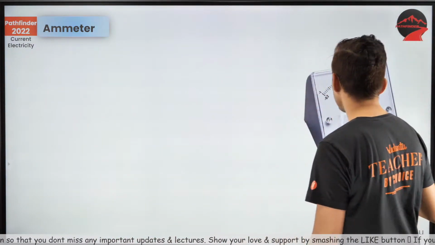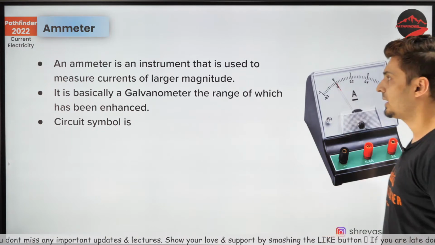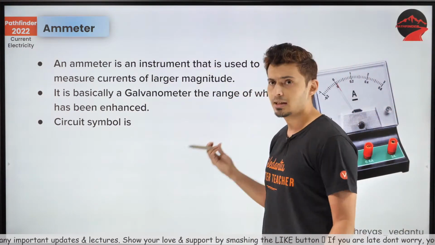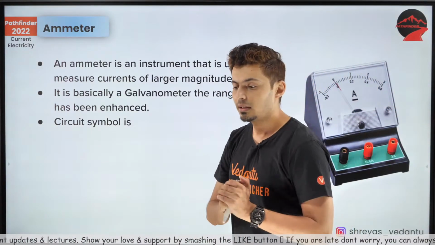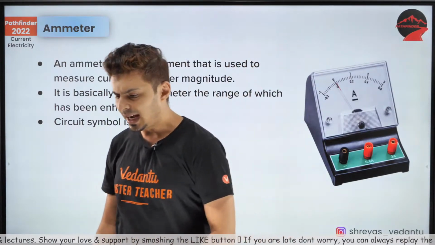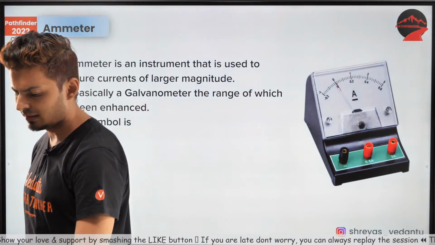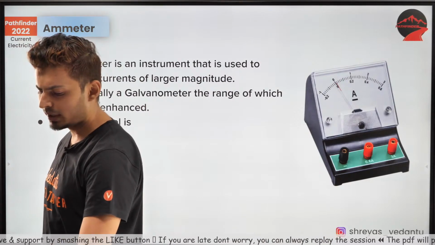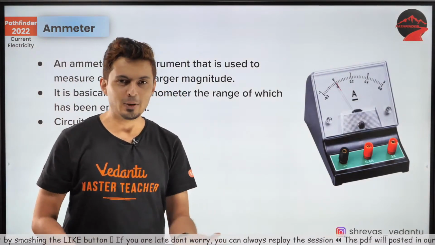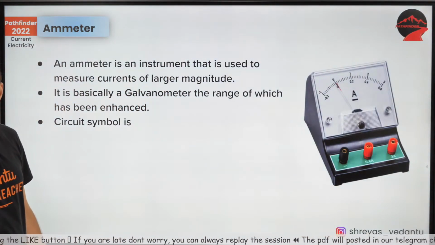Okay. Now, ammeter. What's an ammeter? An ammeter is nothing but an instrument, obviously, to measure a larger value of current. So you might be like, sir, if I have a galvanometer, I don't need an ammeter, because a galvanometer already measures the current.